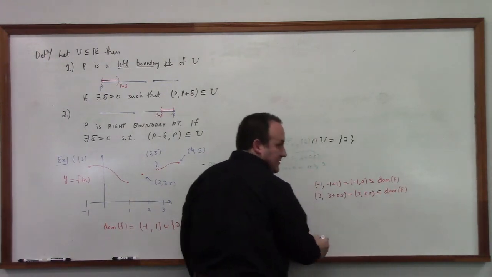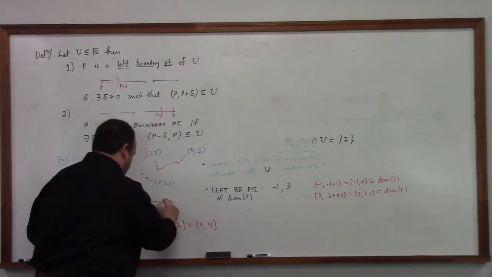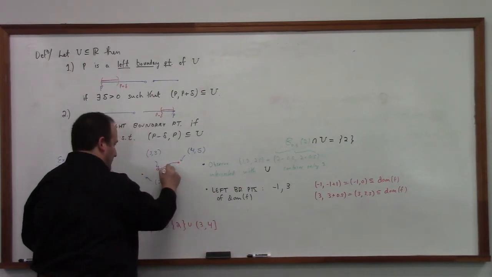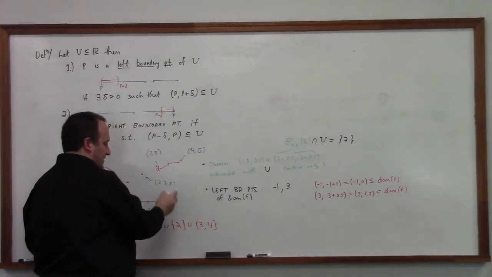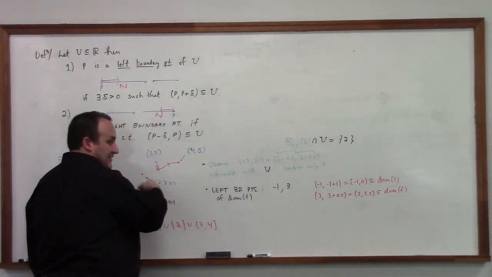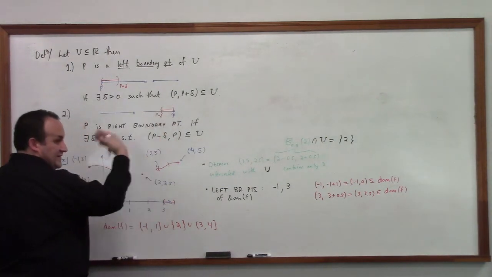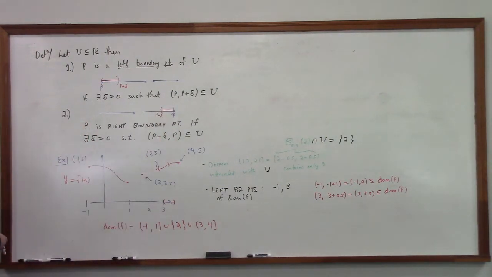The fact that you can look at that little interval from 3 to 3.5, and it just takes you to those points in the domain of F, makes 3 a left boundary point, because there exists a p to p plus delta which is a subset of the domain. It has to be in that domain.